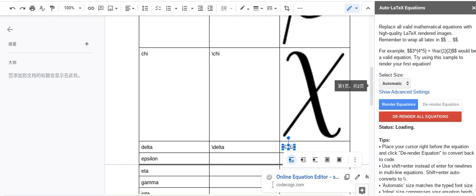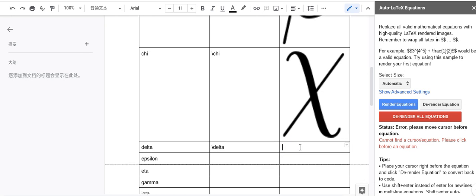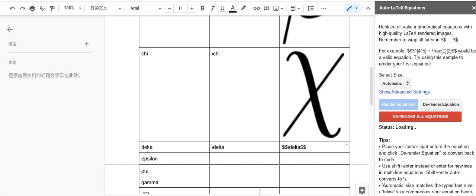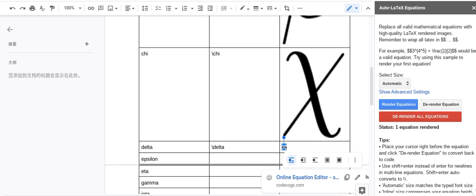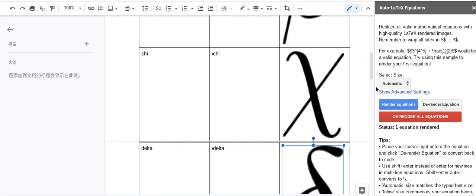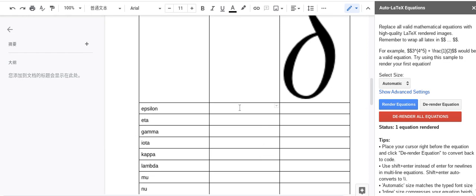Let me see. I think I made some mistake. Just give me a sec. Delta, right? Let's try it again. Okay, now it works. And then it's epsilon. Basically, you do the same thing as delta.